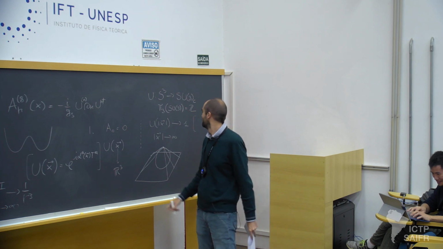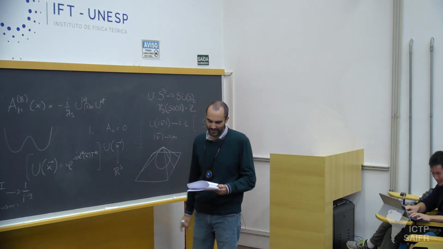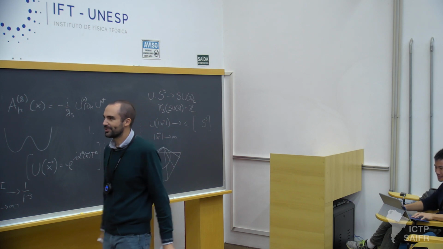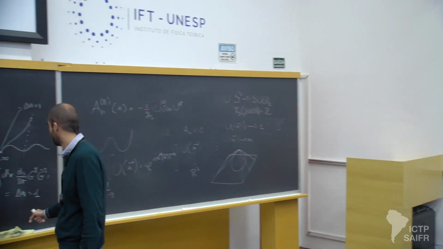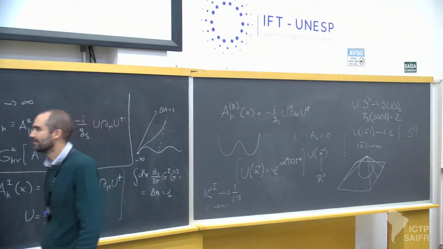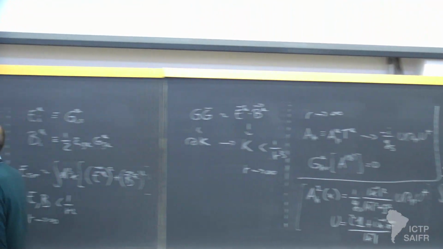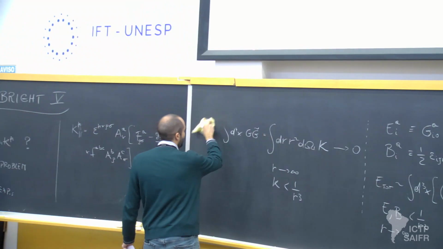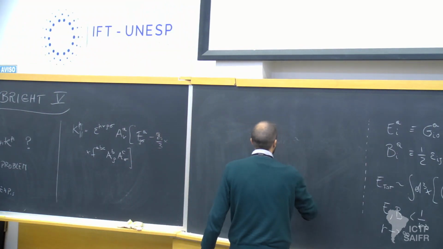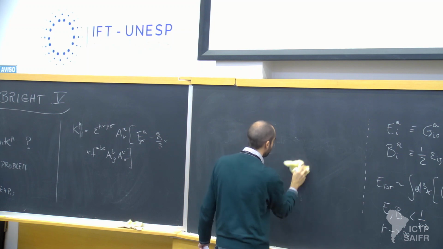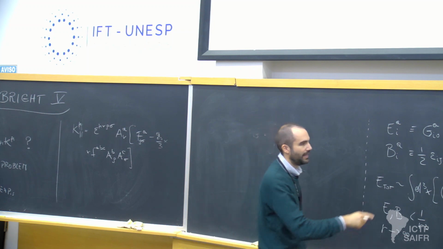Okay, so I would say that this almost concludes the most abstract part of the lecture. I just want to tell you one more thing, mostly without proof, but I'll give you some intuition, which is the following. You might wonder how the vacuum depends on theta, right?